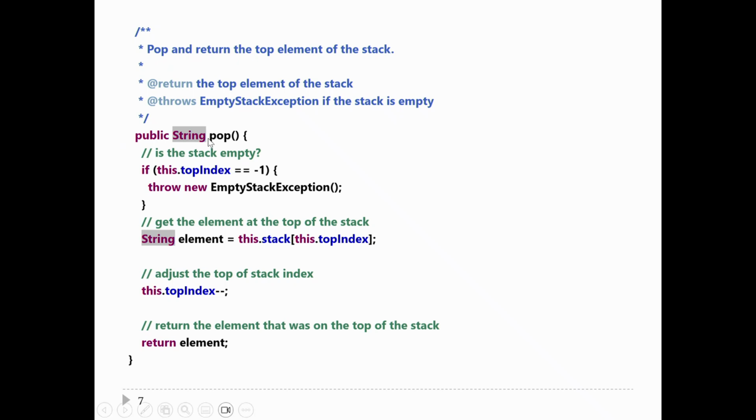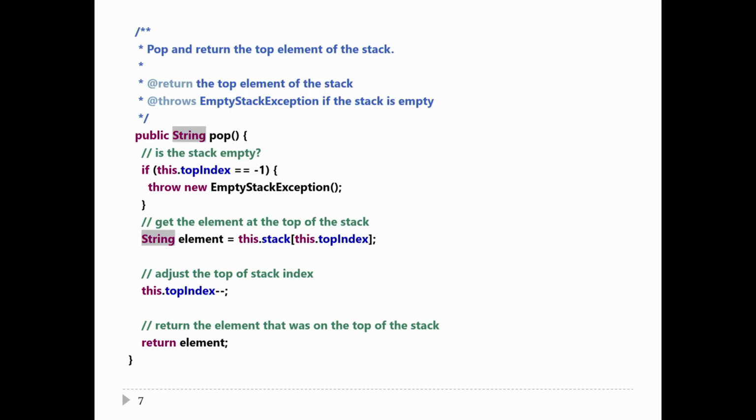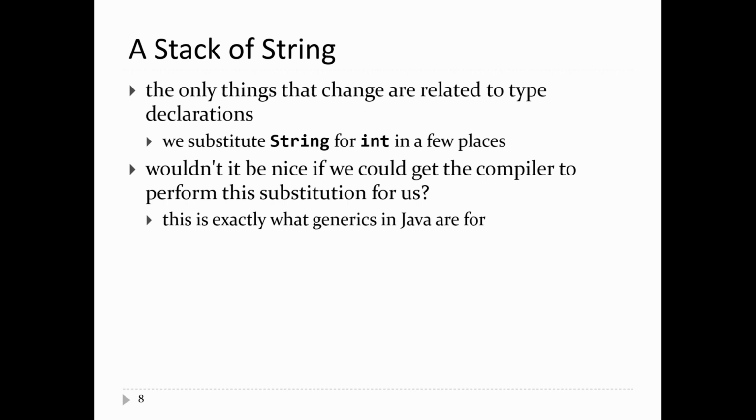For the pop method, you return a string, and the element type is now a string instead of an int. Push is similar. The only things changing are related to types; basically, you're substituting string for int in a few places.